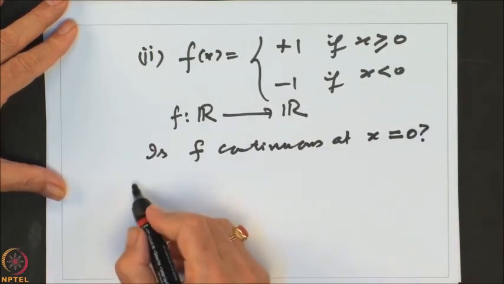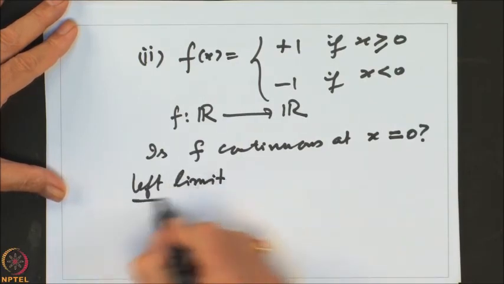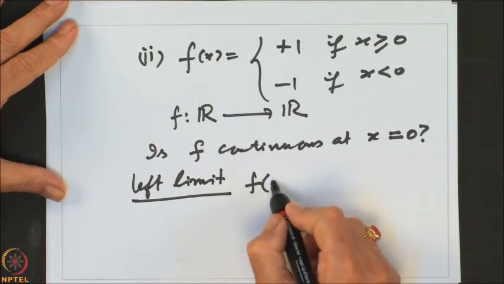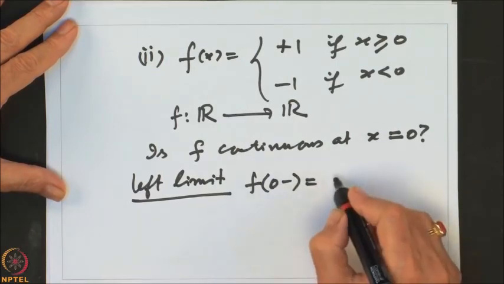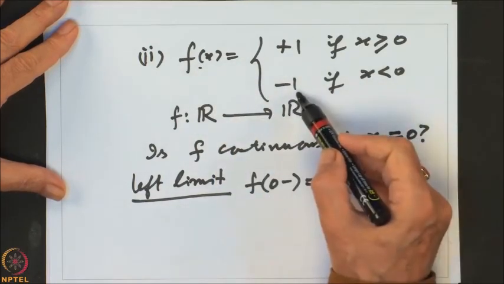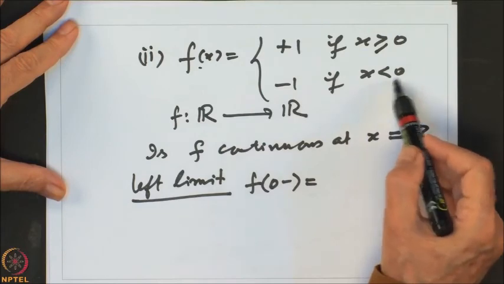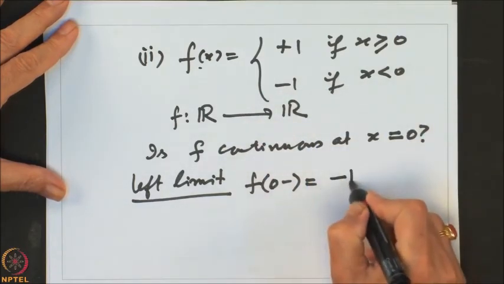So, let us look at the left limit, that is f of 0 minus. If x is less than 0, then the value is minus 1. So, whatever sequence I take less than 0, f of x_n will be minus 1. So, this is equal to minus 1.